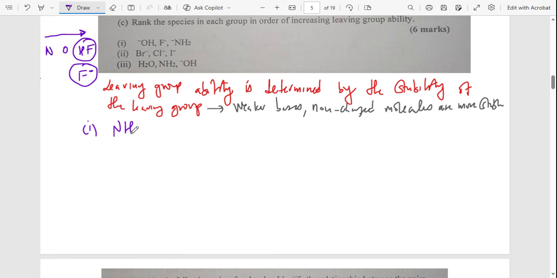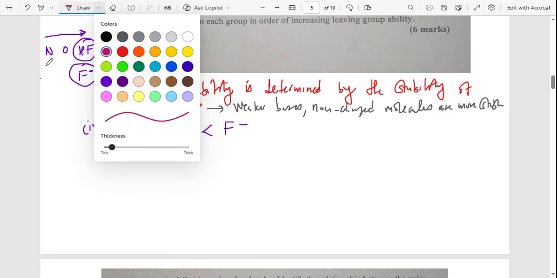NH2 minus should be the weakest, and then followed by OH minus, and then followed by F minus. If I use that arrow, it means greater. We're writing in increasing order. Okay, so that is that.